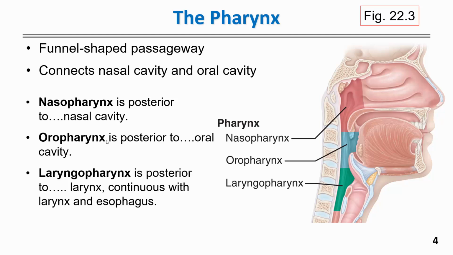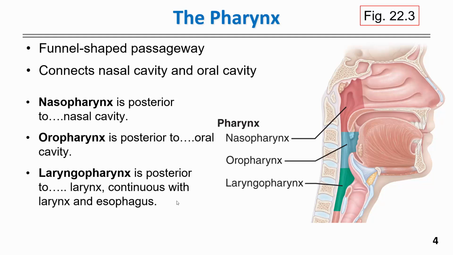And this second bullet item here is the oropharynx, which is located posterior to the oral cavity, and both will eventually merge into the laryngopharynx, which is posterior to the larynx and is continuous with the larynx as well, and the esophagus.